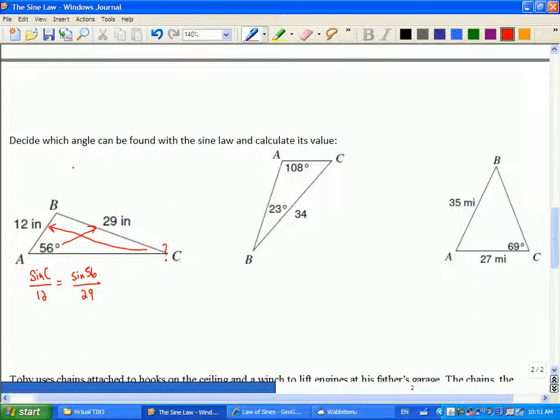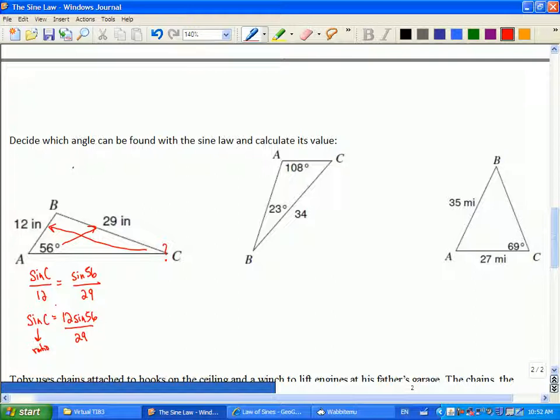You could have your equation flipped. That's fine. What we should all end up with is the sine of C is 12 sine 56 over 29. So no matter how you approached it, we should all end up at this spot right here. Okay? So this is where I said this here is going to give me a ratio.